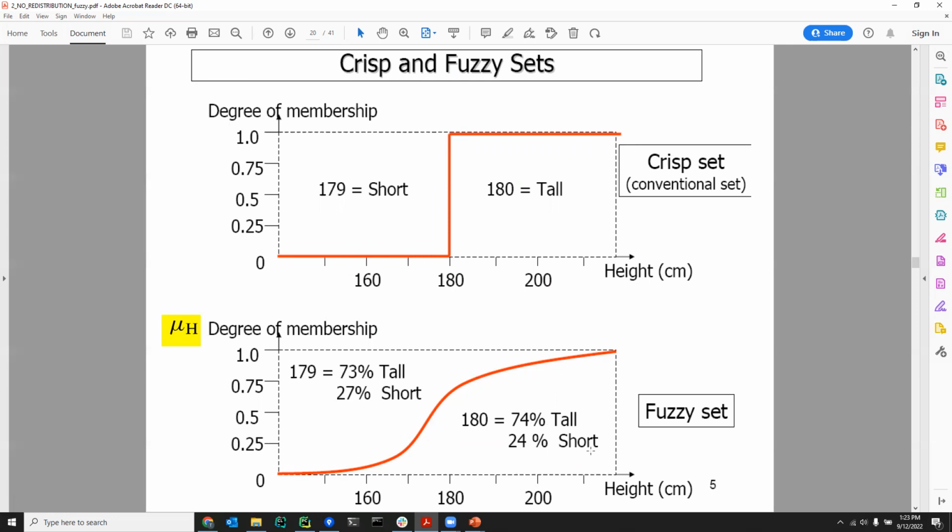We have contributions from both. And if you're 179, you get this distribution of tall and short. So instead of just having this drop off, it more accurately represents the concepts of being tall versus being short.